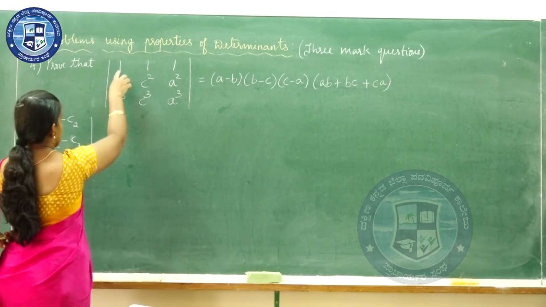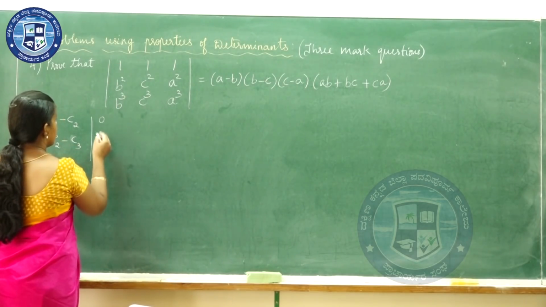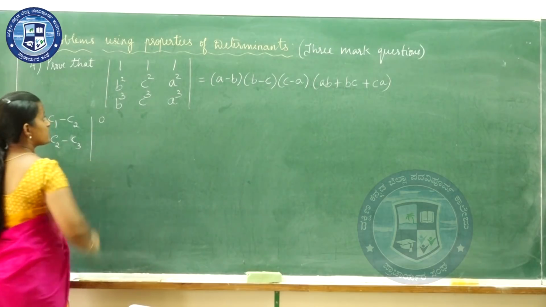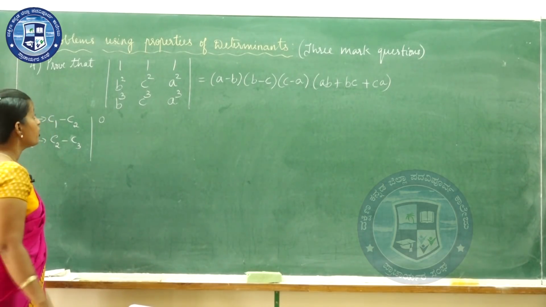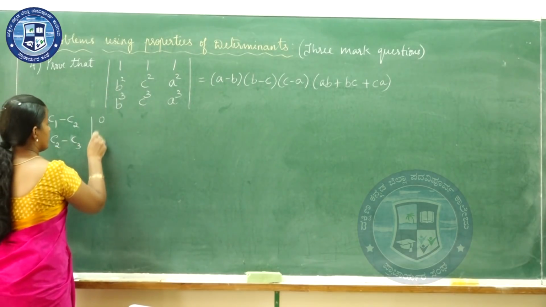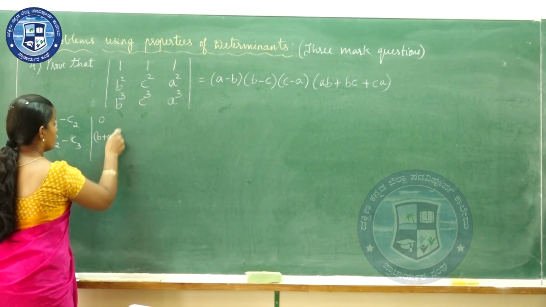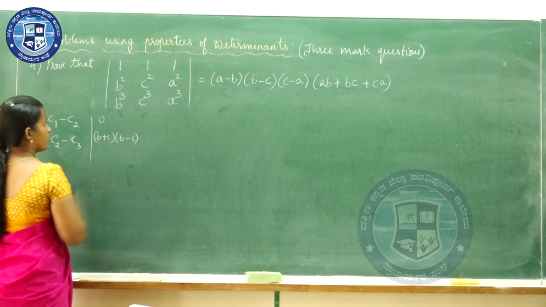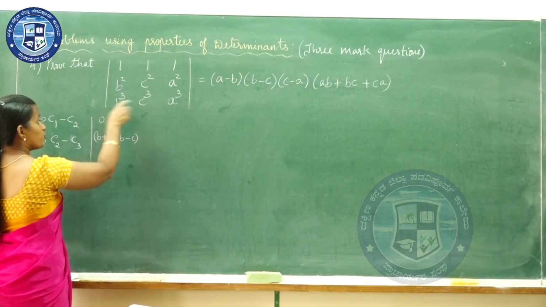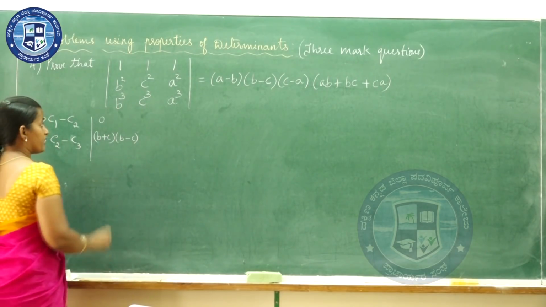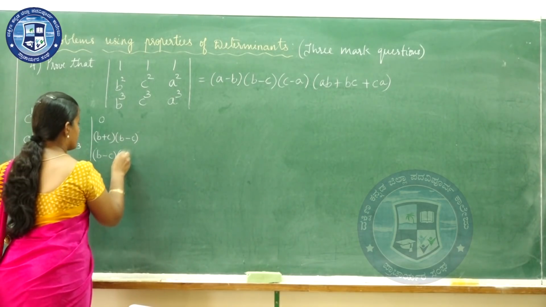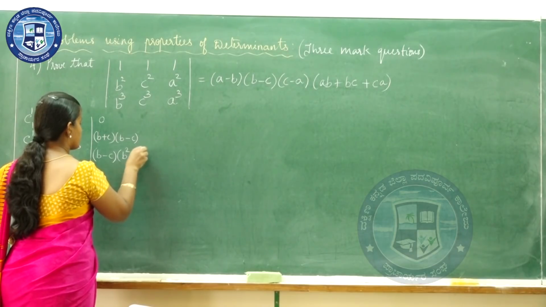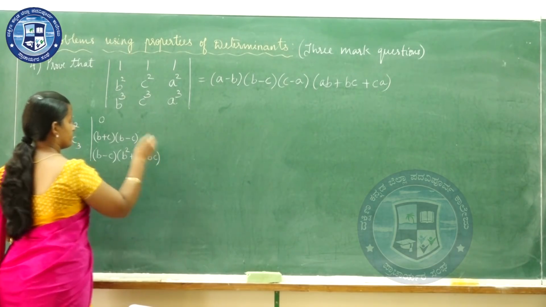So what do we get? 1 minus 1, 0. Then we get b square minus c square. I will now directly write the next step. What is b square minus c square? b plus c into b minus c. Next I will have b cube minus c cube. What is b cube minus c cube? b minus c into b square plus c square plus bc.